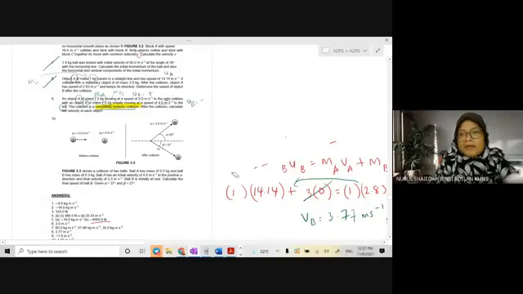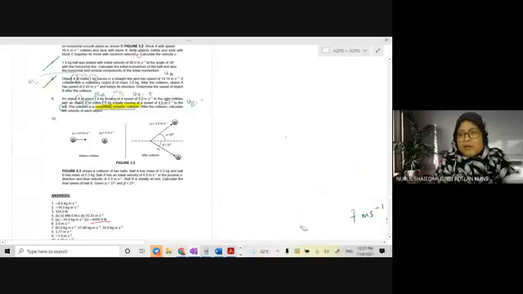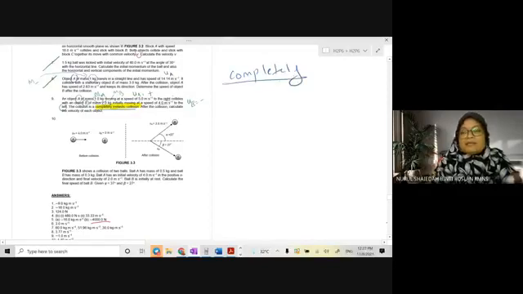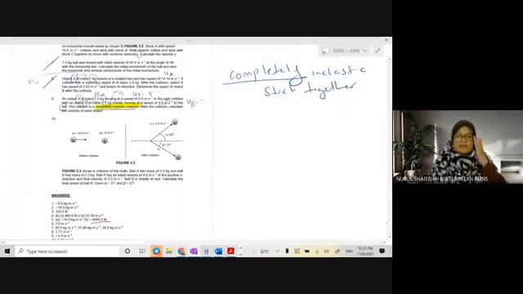Kalau you remember back dalam nota ataupun class point tu, case number 2 tu, dia kata completely inelastic. Completely, lengkap, inelastic, dia bermaksud stick together. So the final result dia mesti stick together.